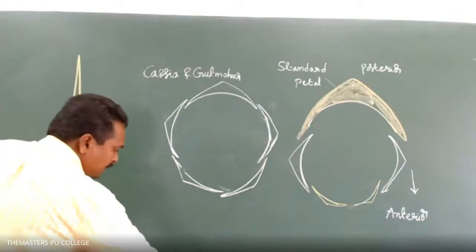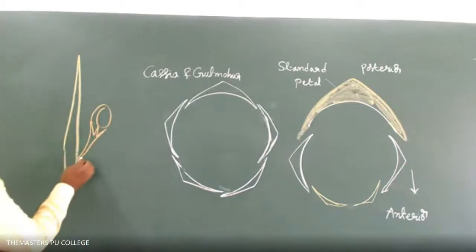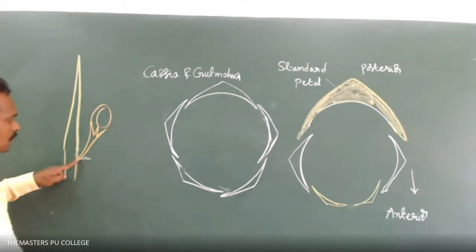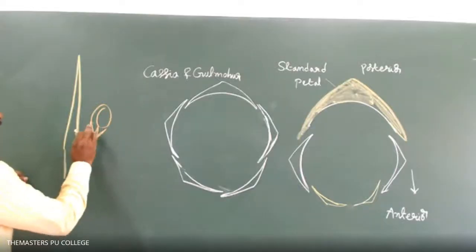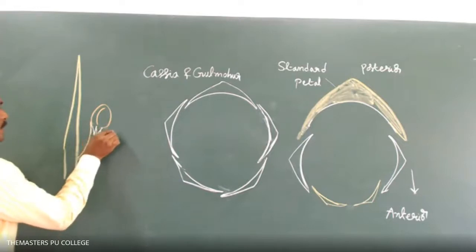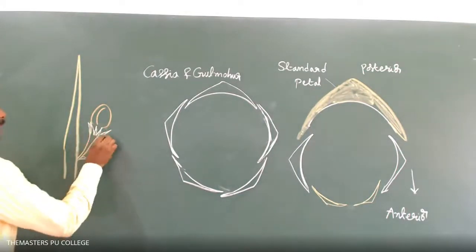Excuse me, sir. Yes, ma'am. What's the difference between bracts and sepals? A bract is the small leaf-like structure present at the base of the pedicel. Sepal is a segment or part of the calyx.